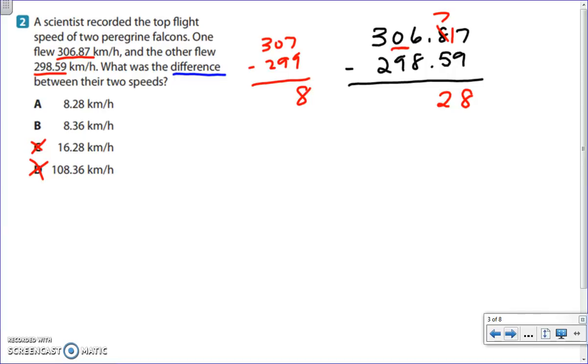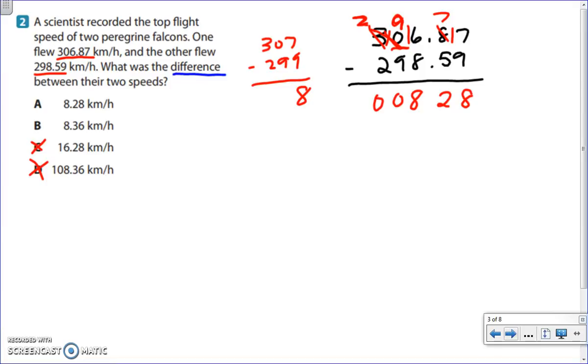So you can either think of this as I'm going to borrow from the 3, make it a 2, change this to a 10, borrow from that, make it a 9, and make that a 16 by borrowing 10 from the next place. Or you could think of that as 30 and just cross it out and put 29. It really is the same exact thing. So it'll save you a step if you just think of that. If the 0 doesn't work, think of it as 30, make it 29, and you can see it's the same exact thing. So 8, 0, 0.